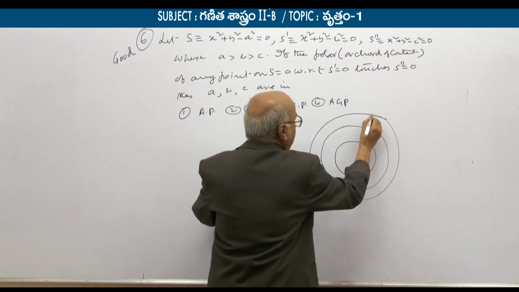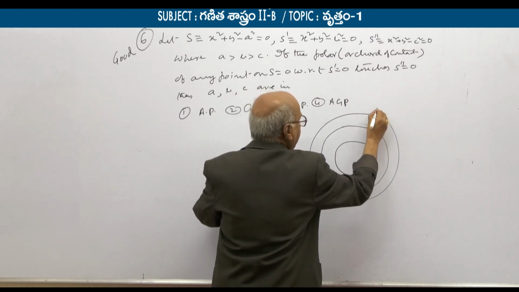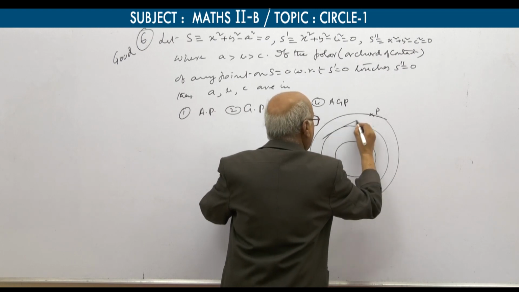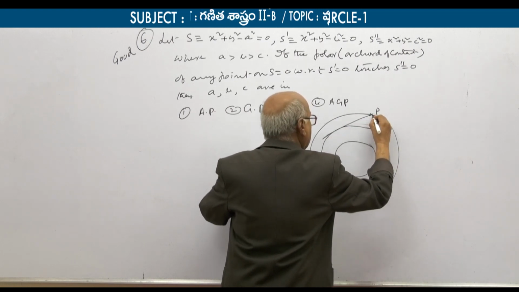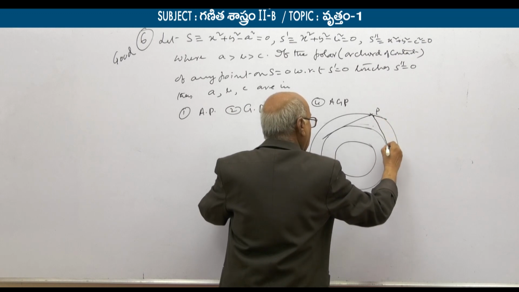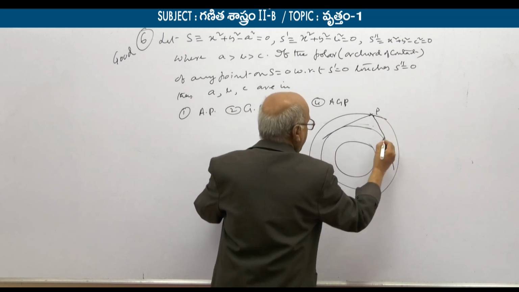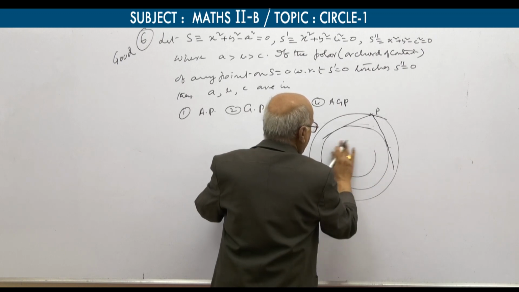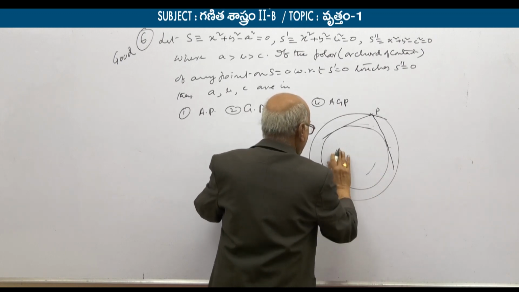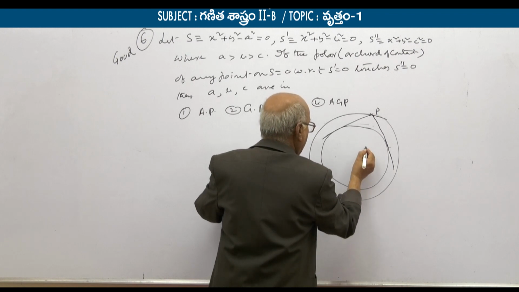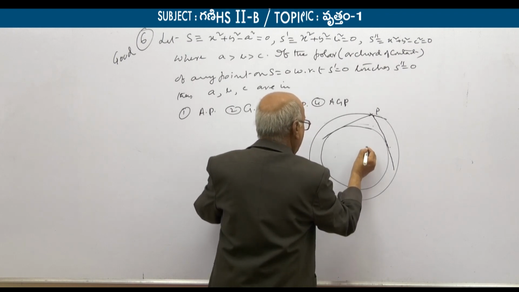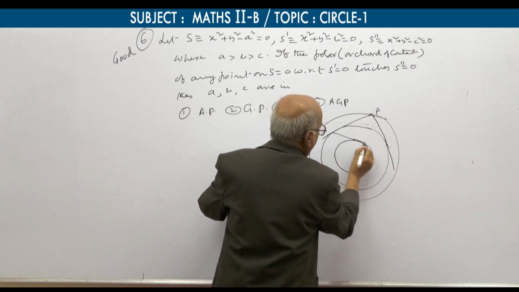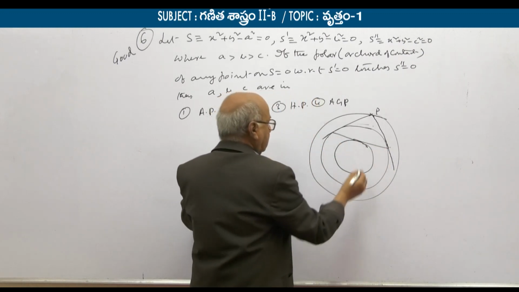So that means you are given the circles. Now he is taking any point P on this, and the chord of contact or polar touches the circle.